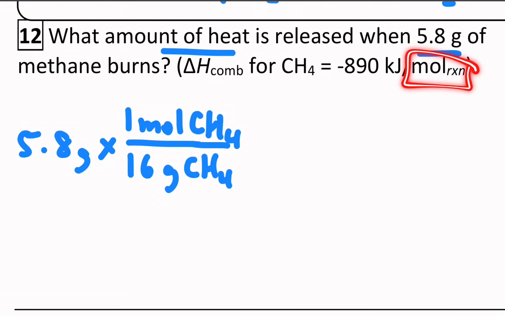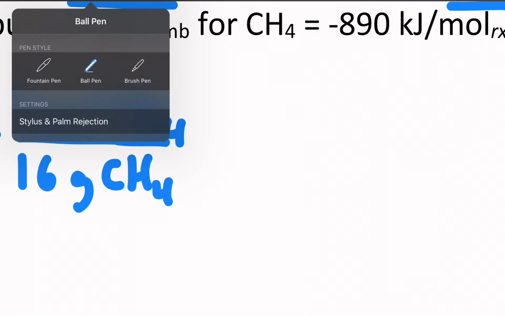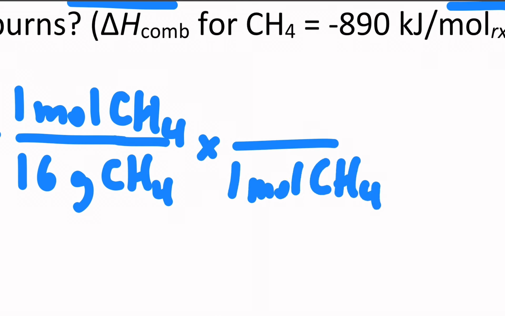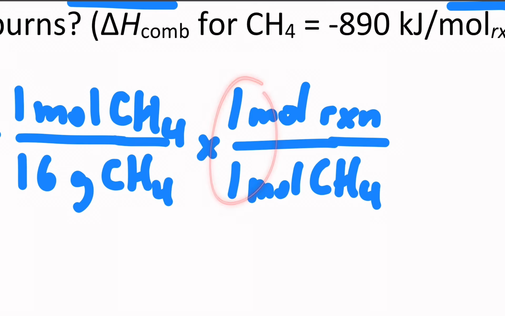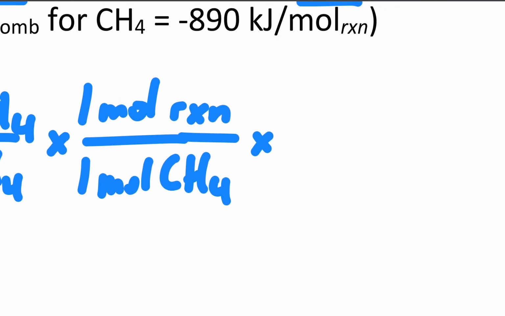Well, a mole of reaction is just one of these balanced reactions. So the coefficient of methane is 1. So for every 1 mole of methane, you actually have 1 mole of reaction. It's a little redundant here because the coefficient of 1 is there, but if it's not, that's a useful conversion factor to include.